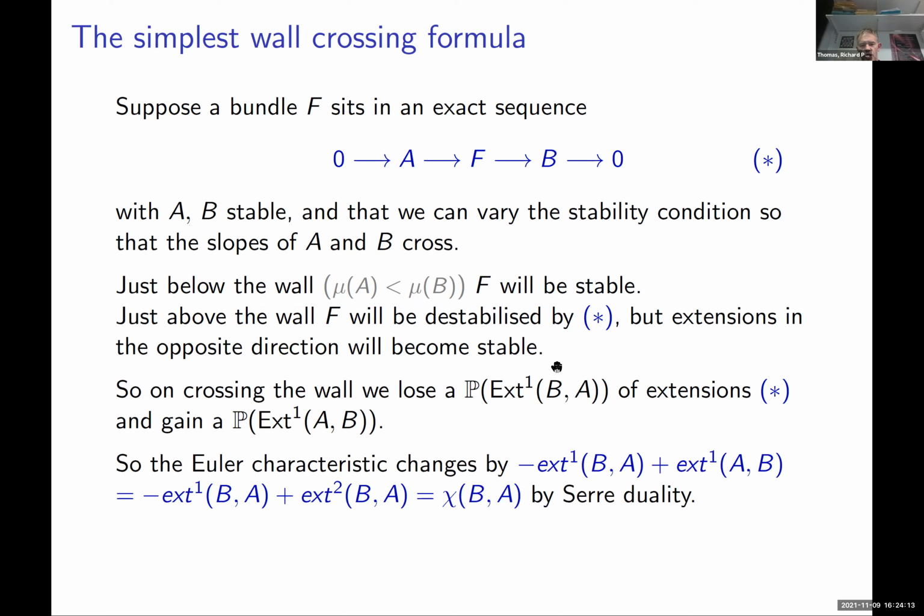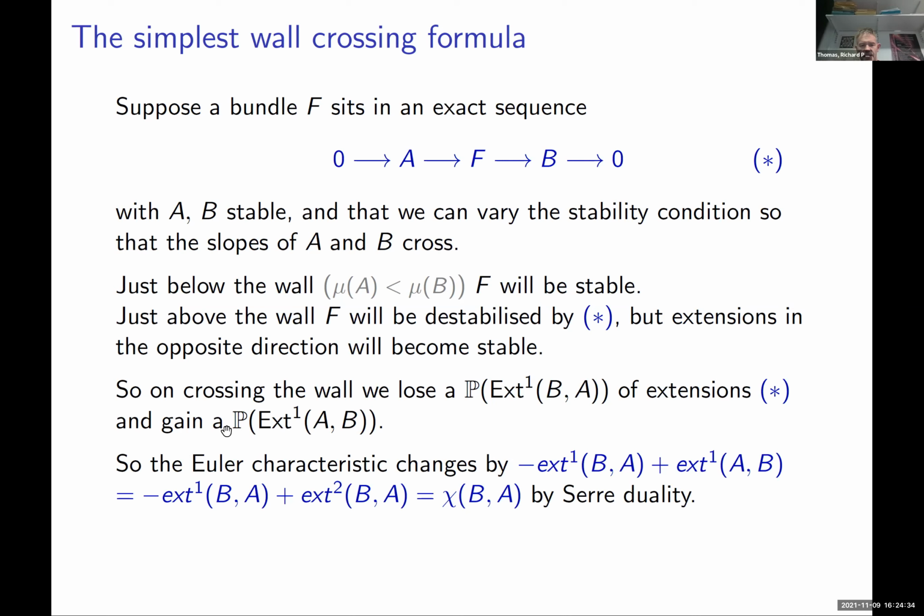So the topological Euler characteristic, what happens to that? Well, the topological Euler characteristic of the projectivization of a vector space is just the dimension of the vector space. So we lose this topological Euler characteristic, the dimension of this vector space. That's the topological Euler characteristic of this one projective space.